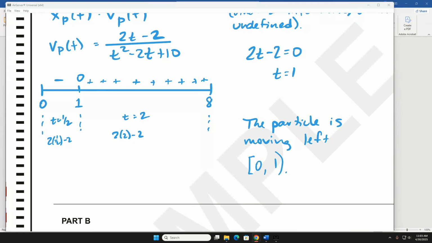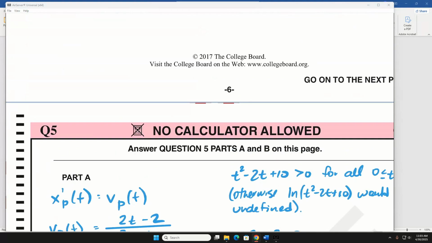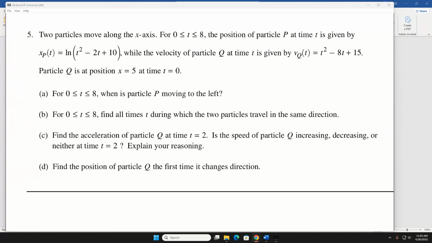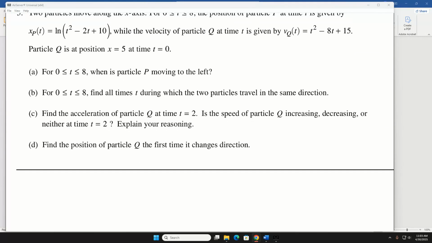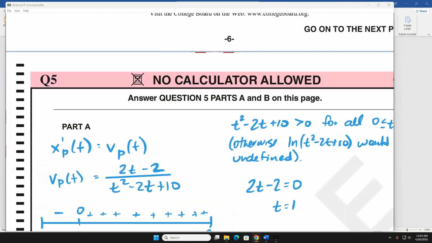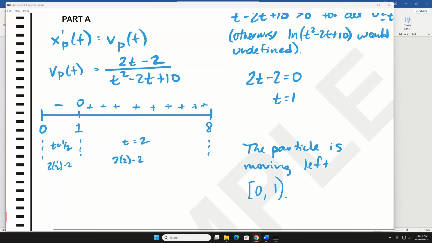All right, let's look at part B. For that same time interval, we want to find all the times during which the two particles travel in the same direction. So again, the direction of traveling is all about the velocity, and we already know for particle P the directions that the particle is traveling.